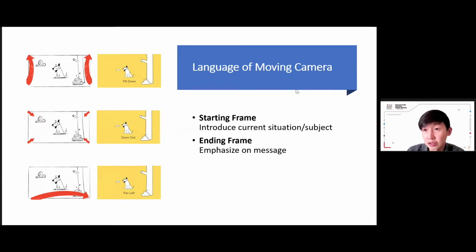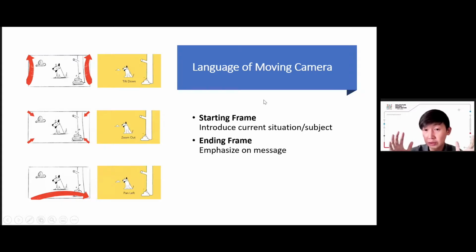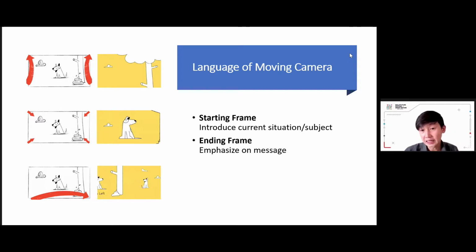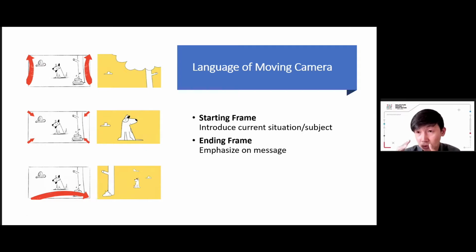It's really to introduce a situation or a subject, right? The starting frame is always to introduce the current situation, the current occasion, or what is happening. Then the end frame is always used to emphasize what we want to show the audience.